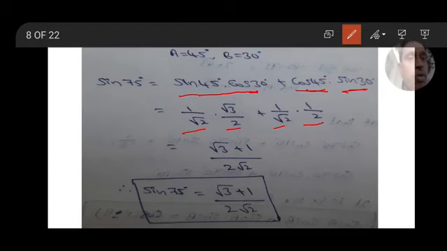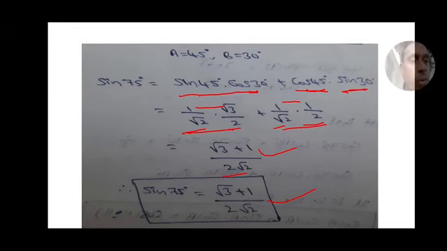Here 2 root 2 is the LCM, so the numerator is root 3 plus 1, over 2 root 2. That is sin 75 degrees equal to root 3 plus 1 by 2 root 2.